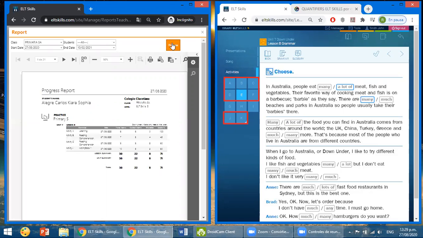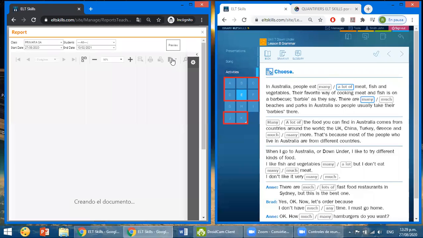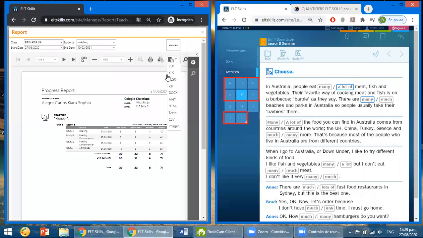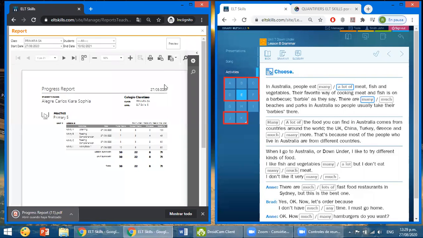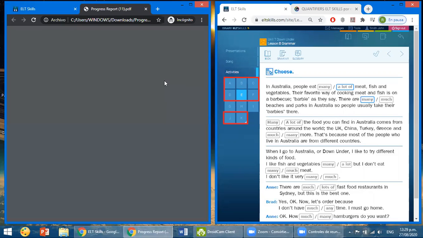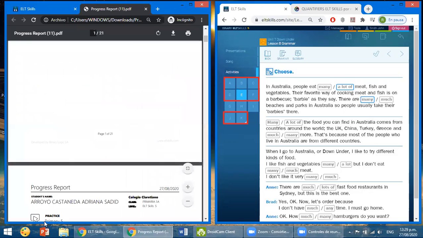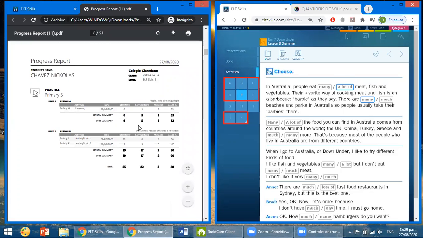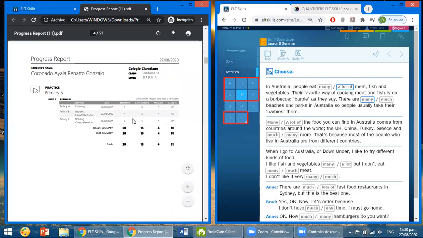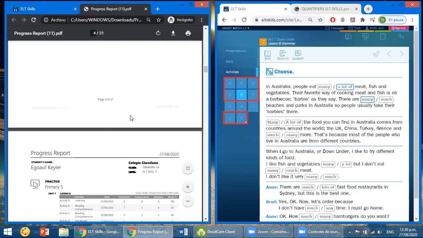Continue with your activities, continue. Yeah, the last report, let's see. Nicolas, you're not working. Renato, good. Kayler, good.